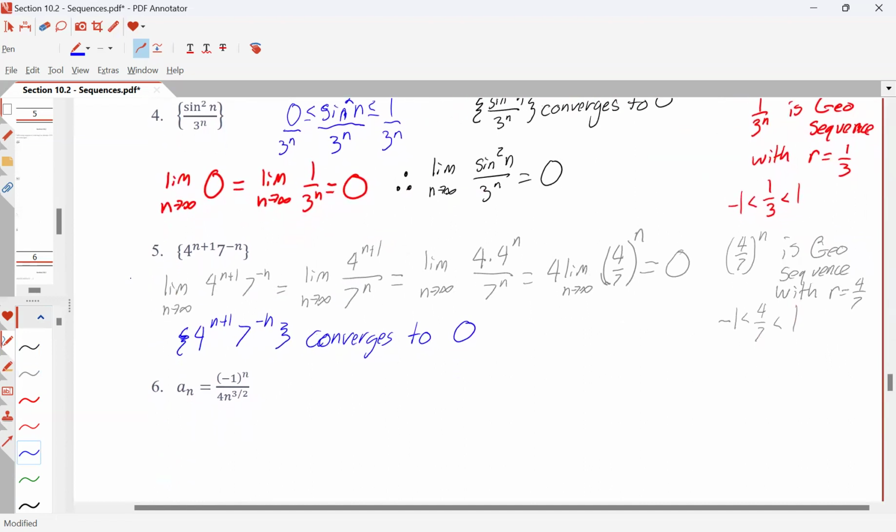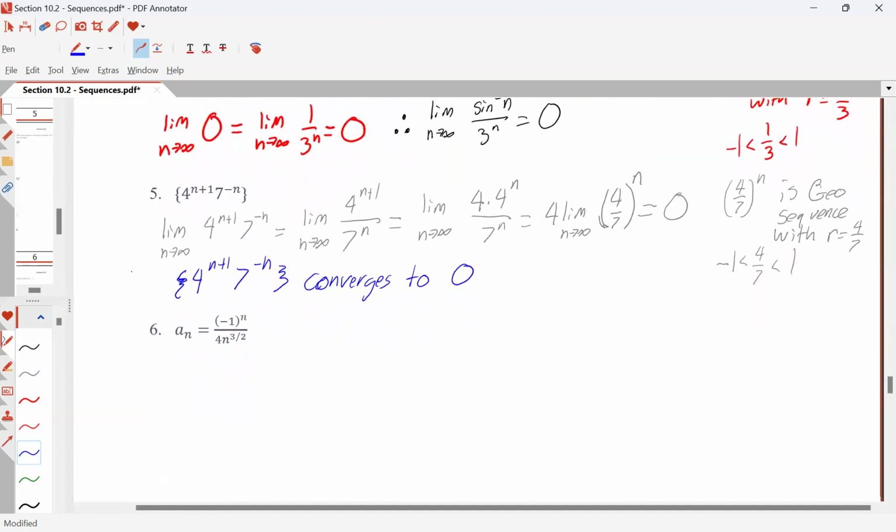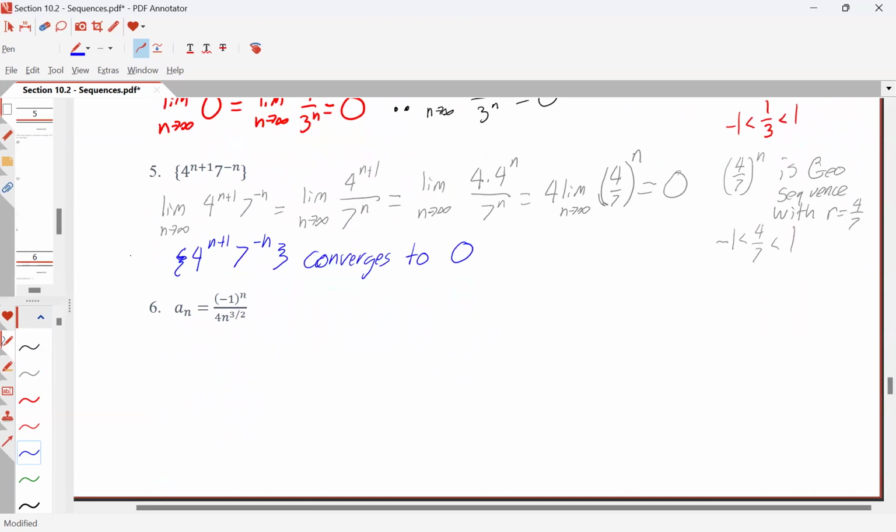Next example, we have -1 to the n over 4 to the n times n to the 3/2. -1 to the n is just changing things between -1 and 1. Sometimes the fraction is negative, sometimes it's positive. That means -1 to the n is either 1 or it's -1.